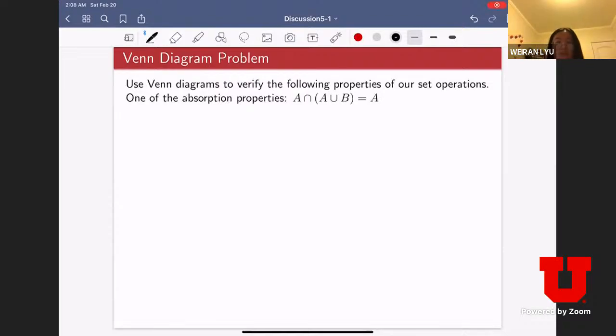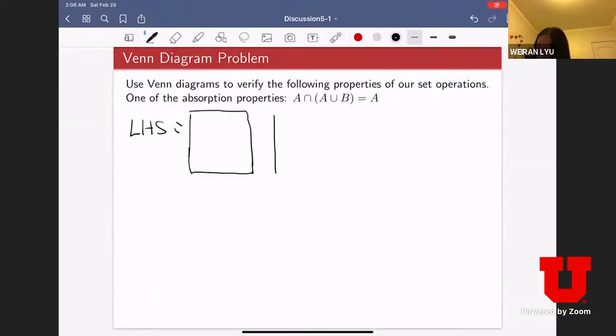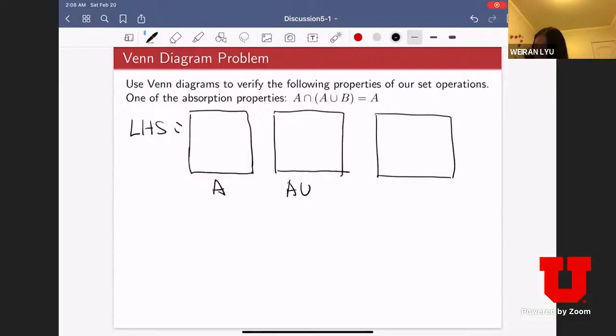Remember, we want to draw them step by step. We start with the left-hand side, which should have three steps: the first box represents A, the second is A union B, and the third is A intersects A union B. And then we have the right-hand side, which is A.